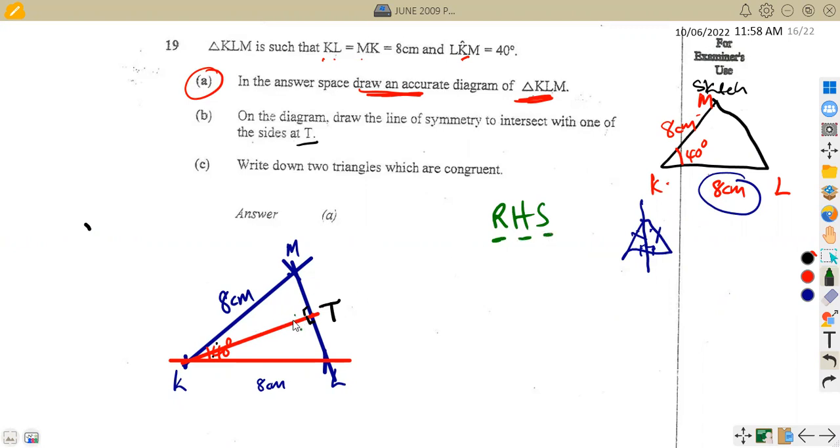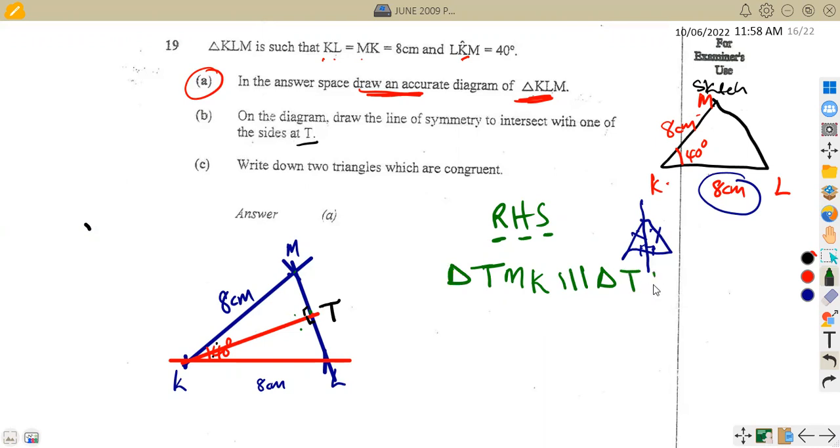So we are saying the right angle from T to M, it can be TM to K. This triangle TMK is going to be congruent to triangle TLK.